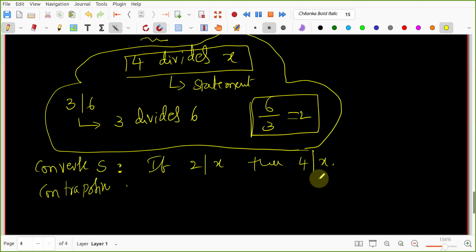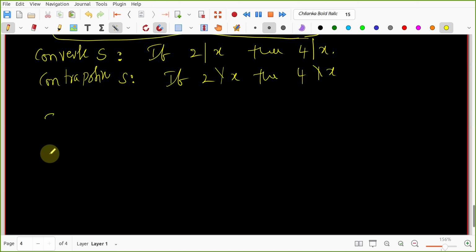Nitin, can you give me one statement which is false, so that we can check? Yes, sir. If x is greater than 2, then x is greater than 3.